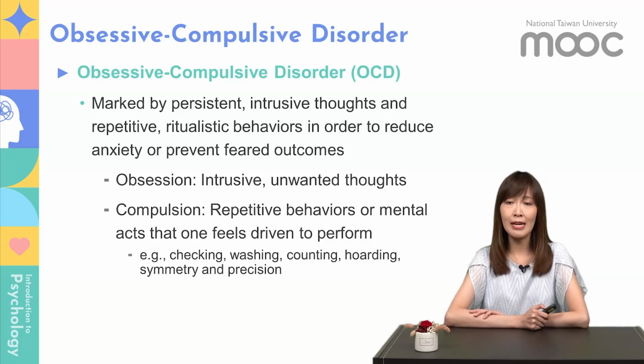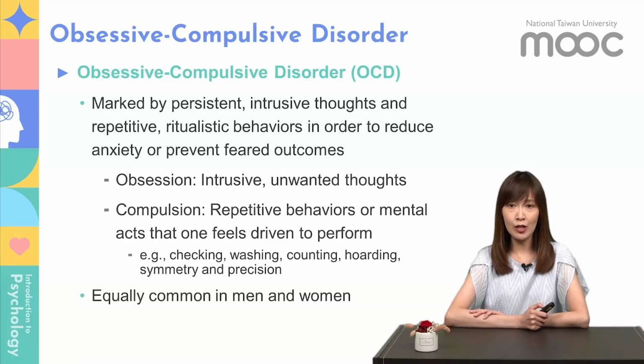So they might think, oh, if I don't do this, something bad would happen, so I must do this. That's why they keep doing those behaviors. So people might think, oh, I have to wash my hands, otherwise my hands will be full of germs and viruses and they might kill me. So they will keep washing their hands. That's OCD. And OCD has been found to be equally common in women and in men.